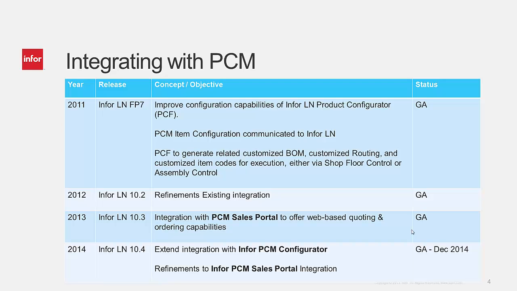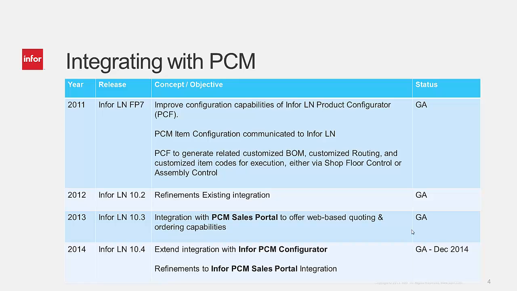In 2012, with the release of Infor LN 10.2, refinements were made to the existing integration with Infor PCM. And in 2013, with the release of 10.3, the integration of PCM Sales Portal was also offered to customers to enable web-based quoting and ordering capabilities.